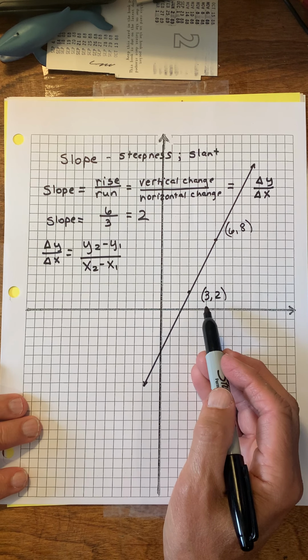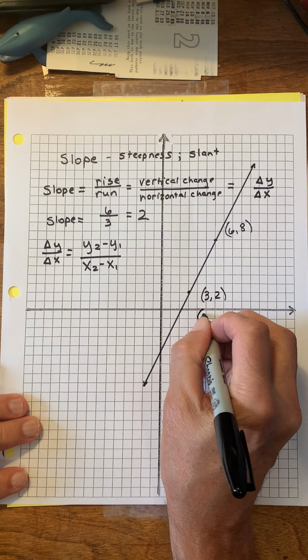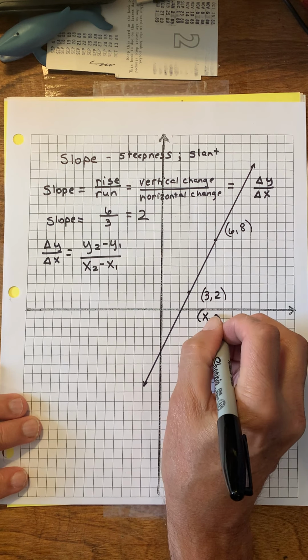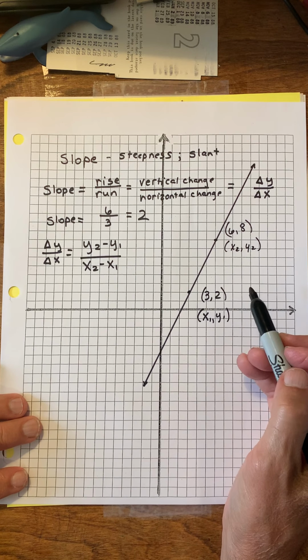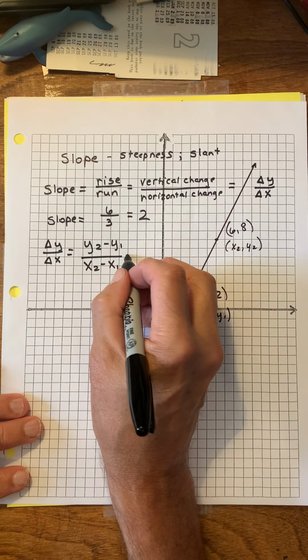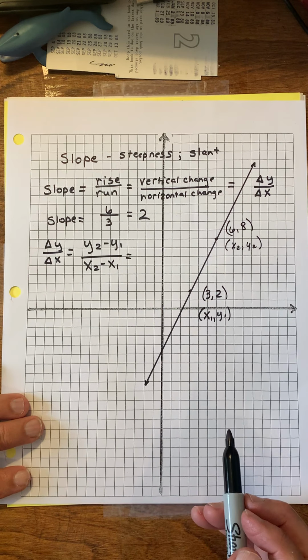You know what that means, right? It means I'm going to have to label my points (x1, y1) and (x2, y2). And once again, it does not matter which point you call which. Either one could be (x1, y1).